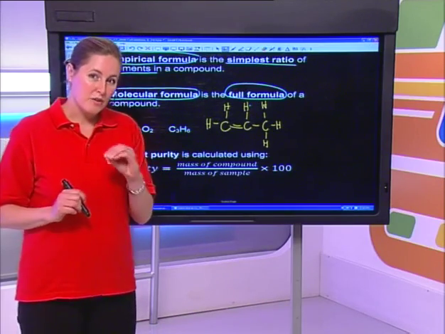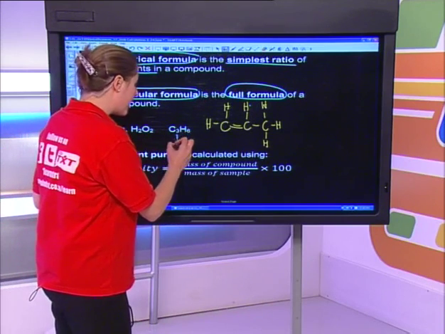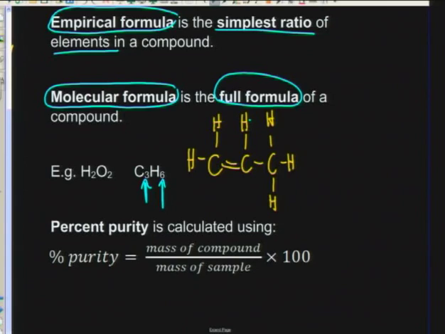Now, its molecular formula has the exact numbers, right? 3 carbons and 6 hydrogens. Its empirical formula is only the simplest ratio. So what would the simplest ratio be between these?